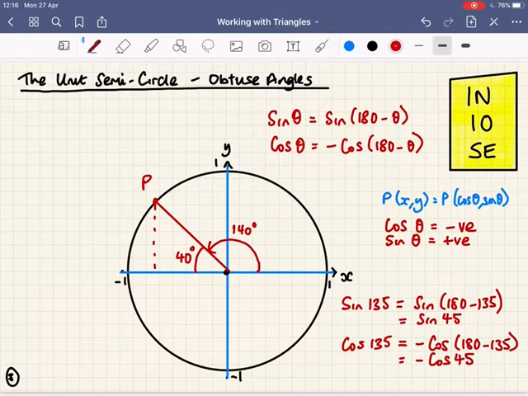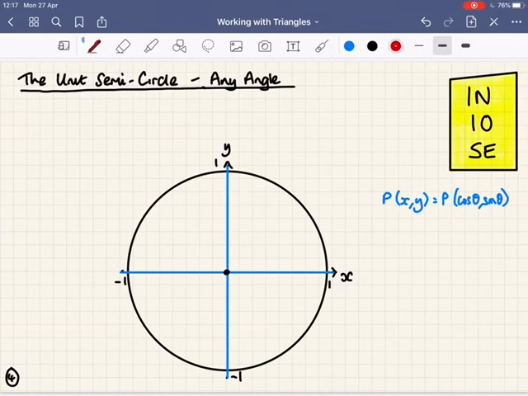But it doesn't just stop there. We can go now and look at any angle, any size, and a similar sort of pattern will emerge. If I construct an angle now that's in this third quadrant, let's imagine in general, we're going all the way around there.